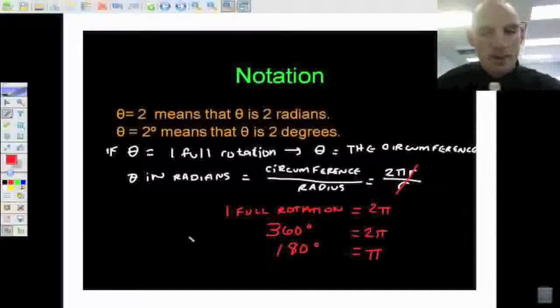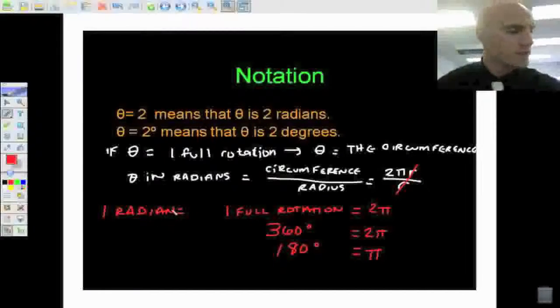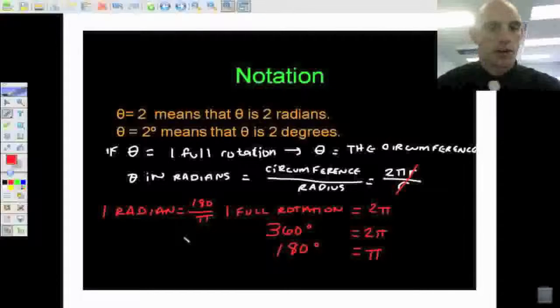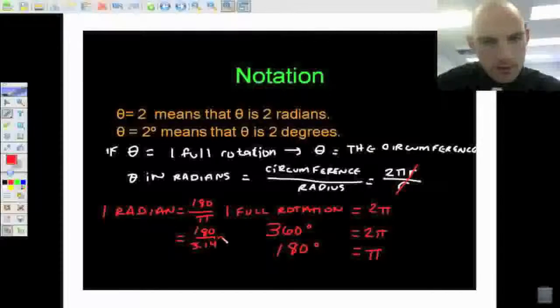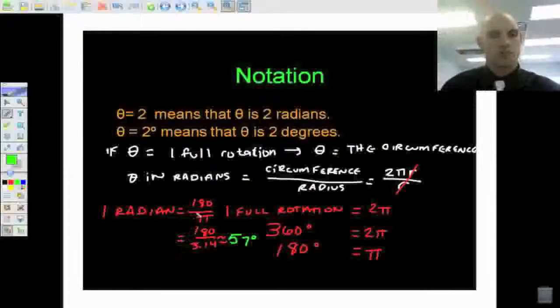So that means that 1 radian is going to be equal to 180 over pi, and so that's about 180 divided by 3.14, which is about equal to 57 degrees. So that's how this works.